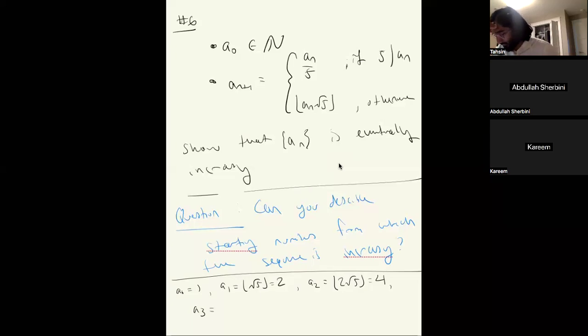Then a_3 will be the square root of 80, I think, so this will be 8.